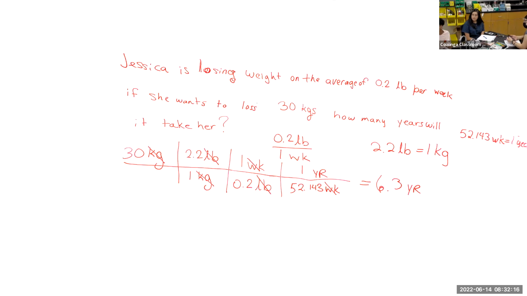Okay. So from there, we have what we call equivalences. How can I change kilograms into pounds? Because we know the rate that she's losing is 0.2 pounds per week. That's going to be our rate for our equivalency, and that's also given in the problem. Kilograms is a form of mass, and pounds is a form of mass, but they're not the same unit, so we have to convert them.